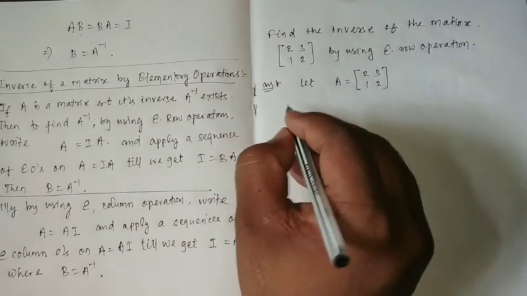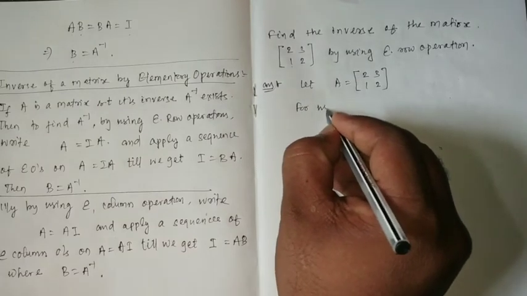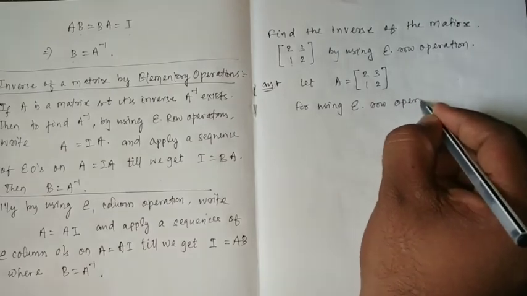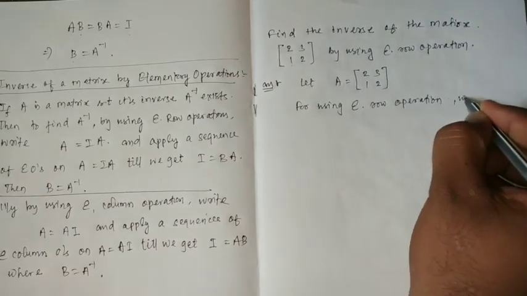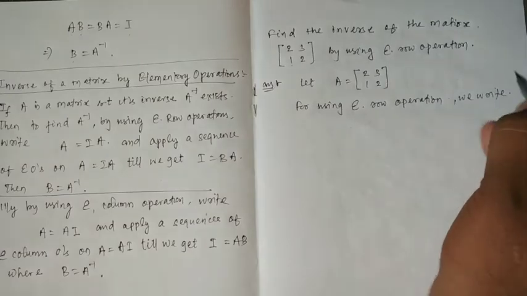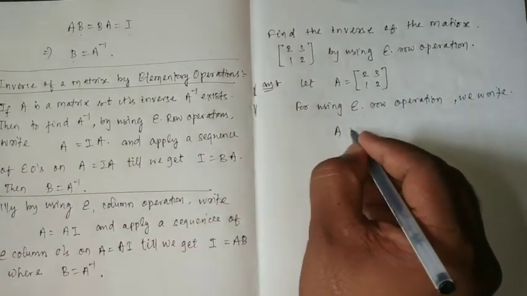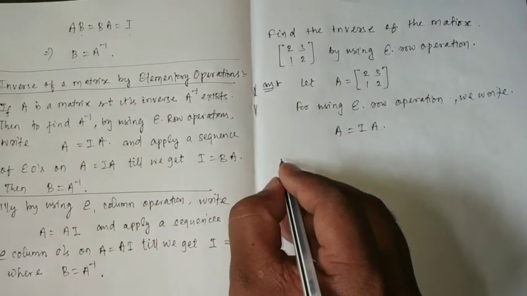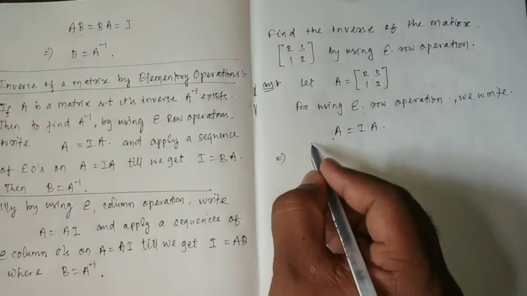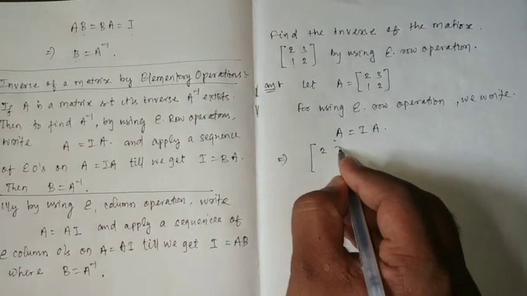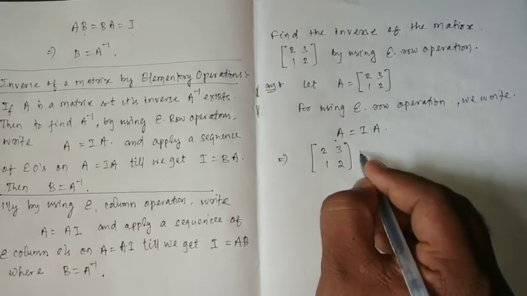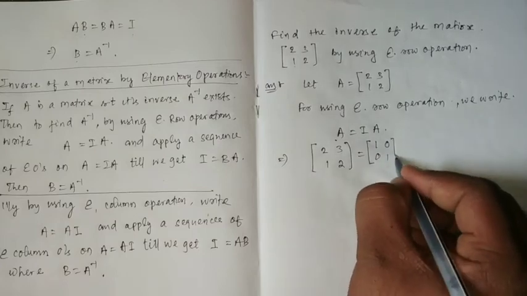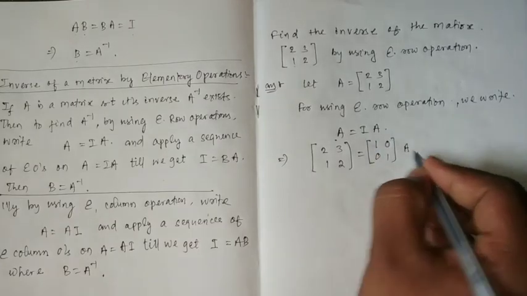For using elementary row operations, we write A equals I times A, that implies A equals 2 3 1 2, and I is the unit matrix of order 2, 1 0 0 1. Keep this A as it is.